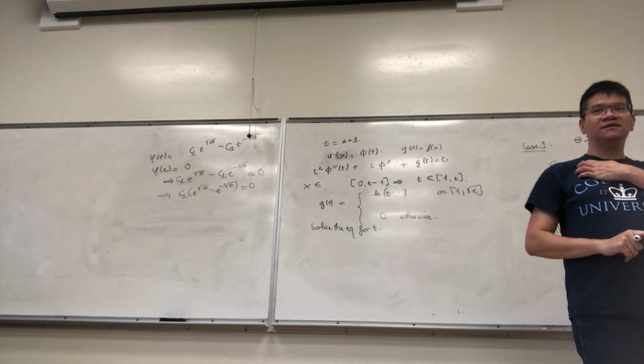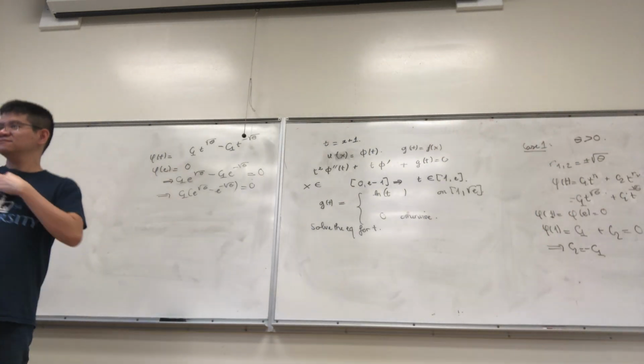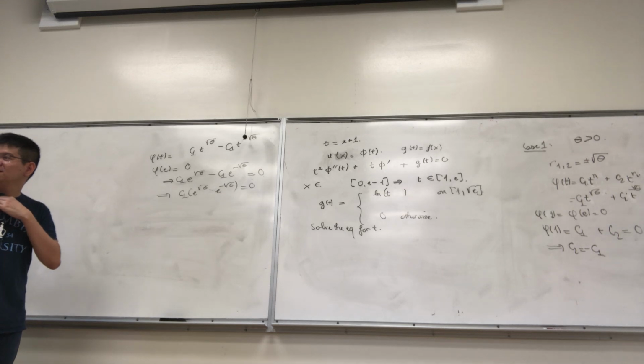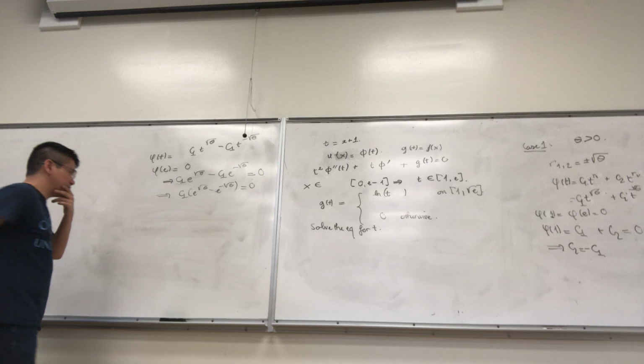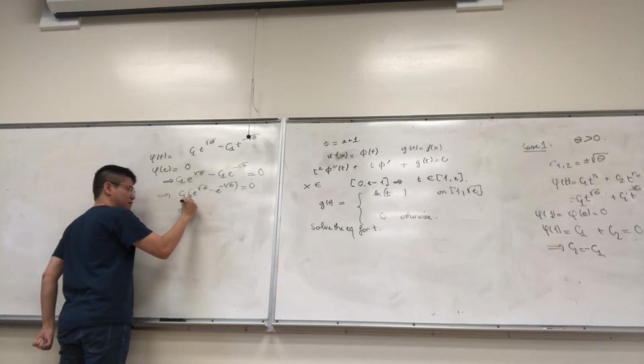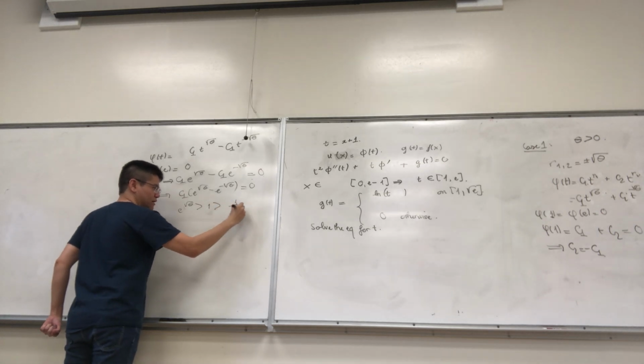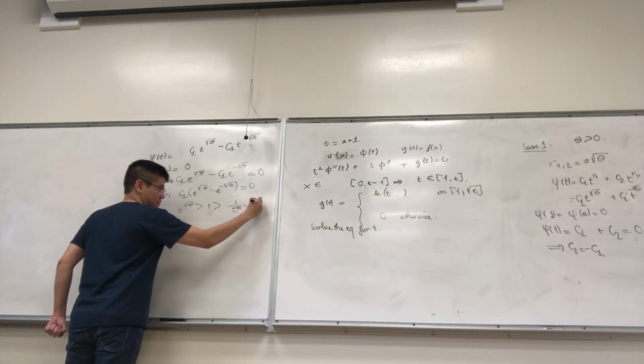We know that e to the square root theta minus e to the negative square root theta is strictly positive. Why? Because you have one whole term minus a fractional term, and we know that one is greater than 1 in this case. And so then C1 has to be 0. So this guy is always positive because this is bigger than 1 and the other one is smaller than 1, right?